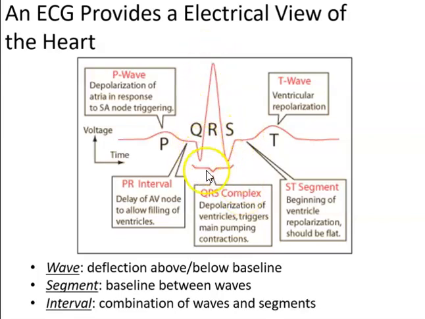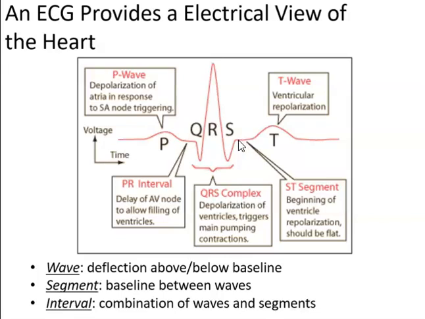Q being that first deflection downward within this complex, and then we have this R peak, and then the next deflection would be S. So this QRS complex represents depolarization of the ventricles, which triggers the main pumping contractions of the ventricles. Then we have a segment, the ST segment here. This is the beginning of ventricular repolarization, and normally it should be flat.